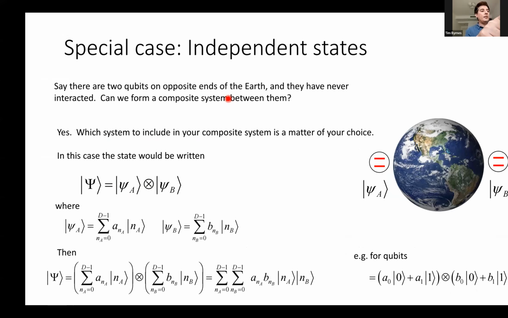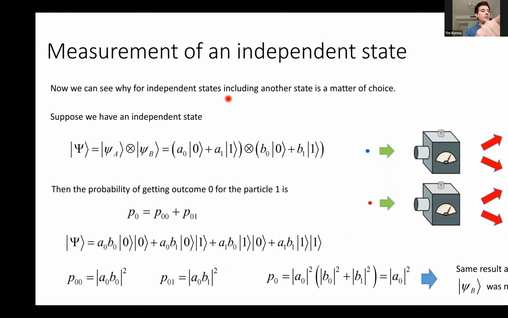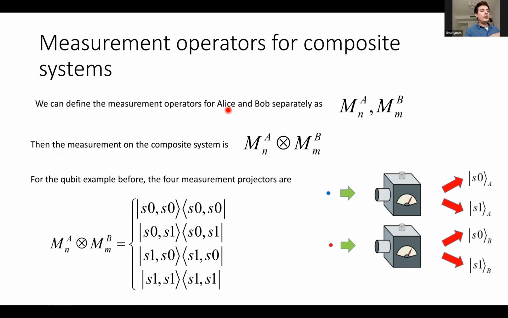Meanwhile, things like operators, like these measurement operators, are matrices, and the tensor product of 2x2 matrices will be a 4x4 matrix. So you're right that a lot of this is not necessarily clear from the mathematical notation, but it should be clear from the context of what you're doing.